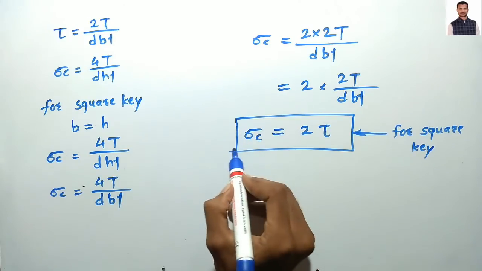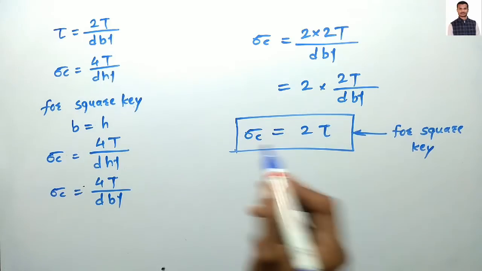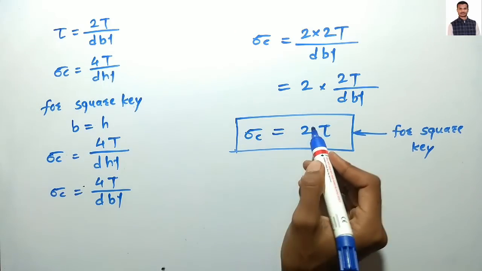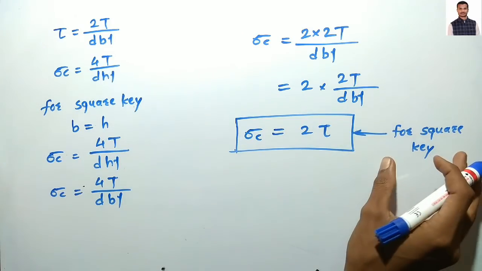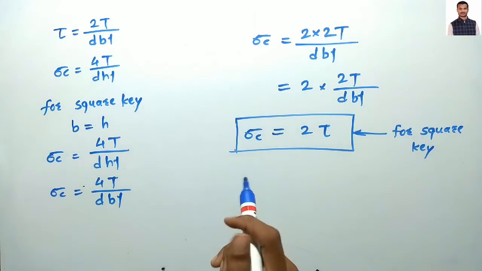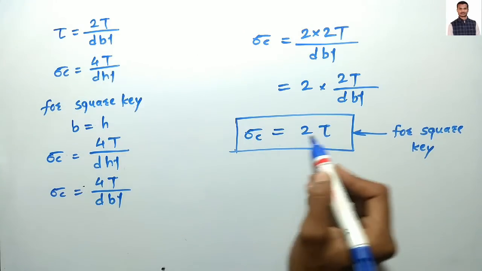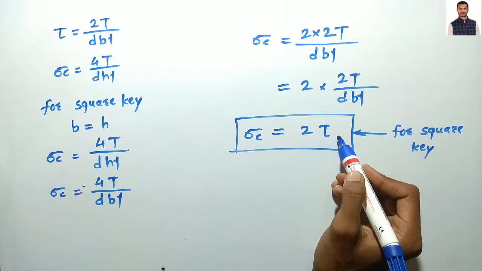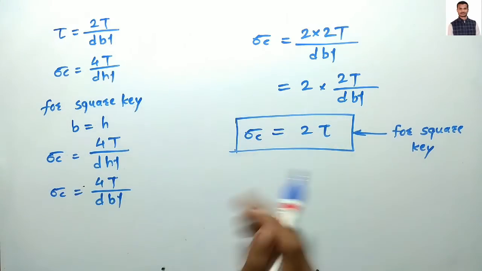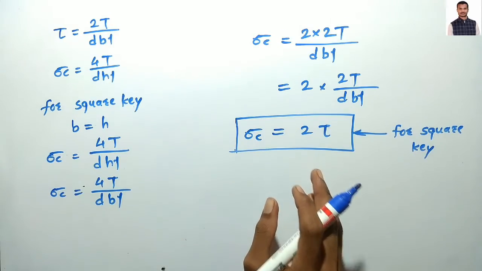That is, crushing stress is equal to 2 times shear stress for square key. So in many exams the question is asked, prove that crushing stress in square key is 2 times shear stress in square key. So this derivation is asked in many exams for 4 marks.